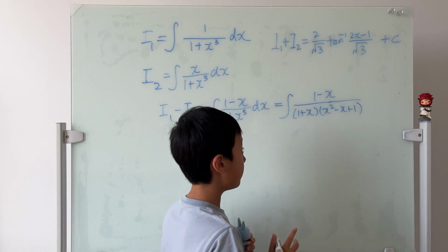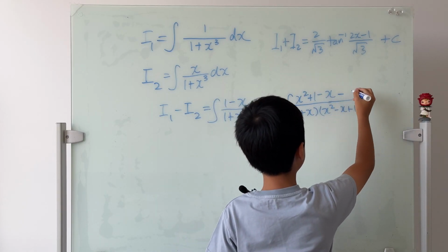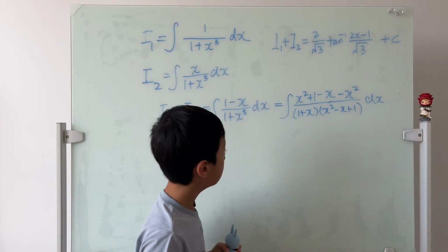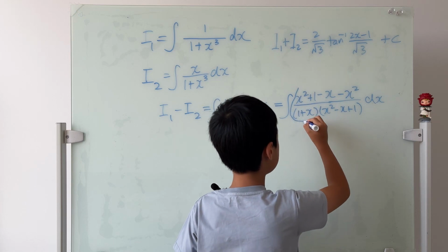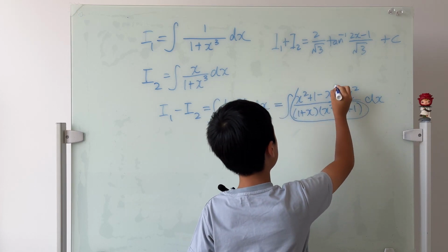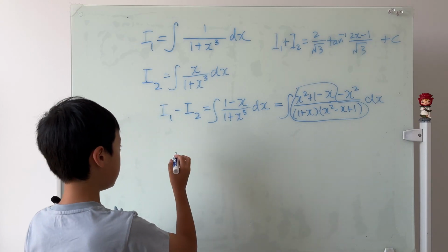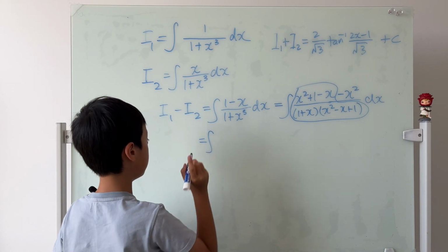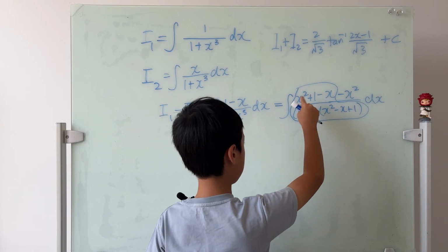Well, that's an easy fix. We can just add an x squared minus an x squared. So we can split the integral like this and like that. Correct? So this is equal to the integral of this, and that cancels.